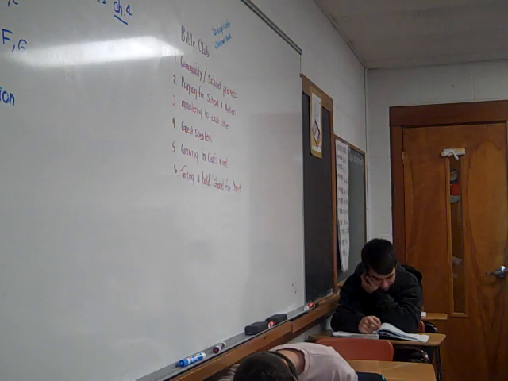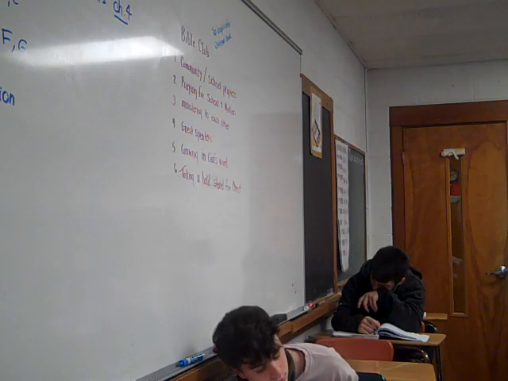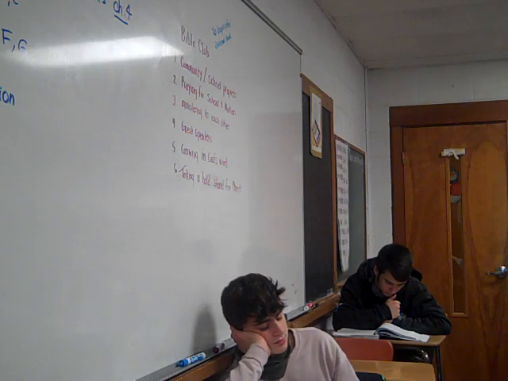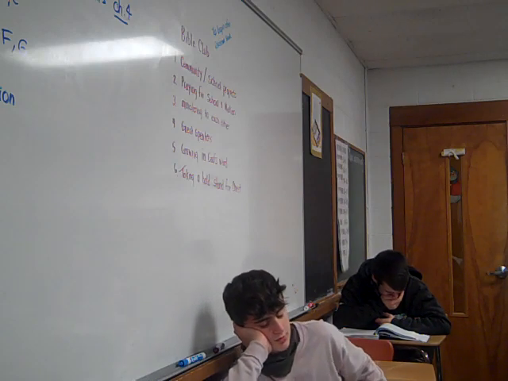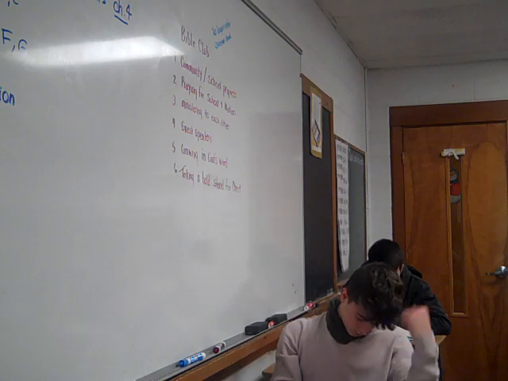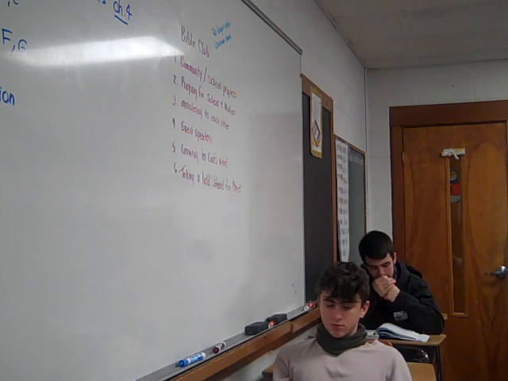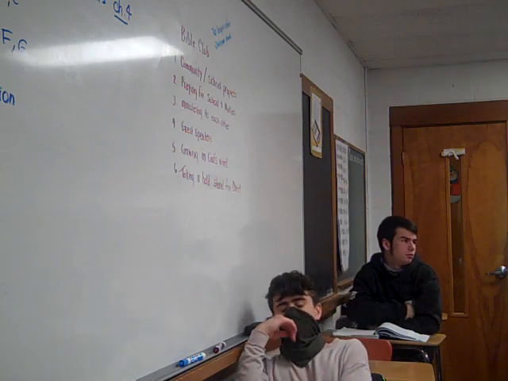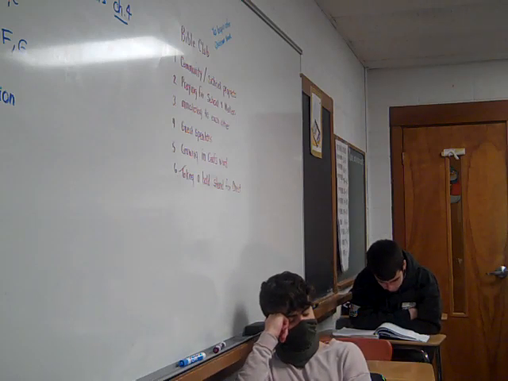On the other hand, if the subject is receiving the action, then it is the passive voice. So if the subject is doing the action, it's an active voice. If it's receiving the action, it's a passive voice.